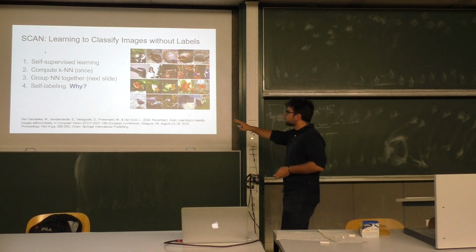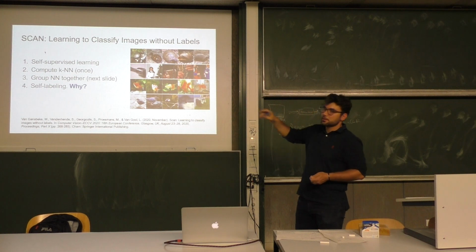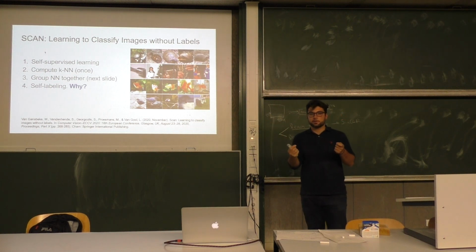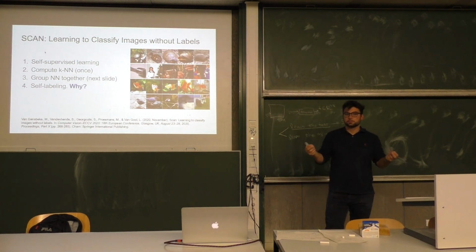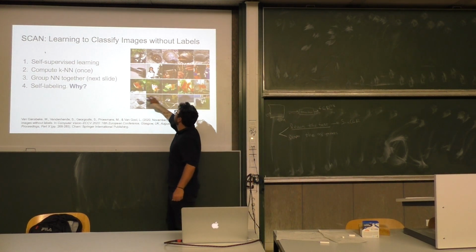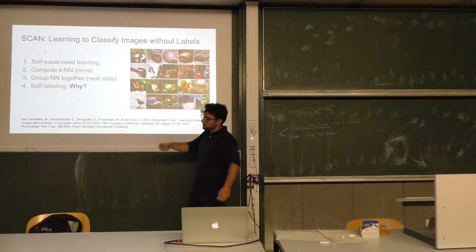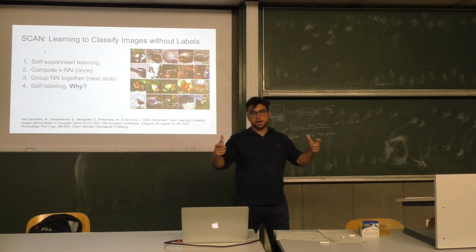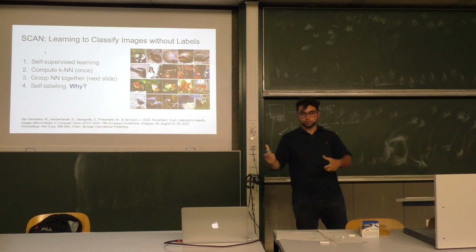The problem is that these nearest neighbors, if we consider them as pairs, may be noisy. Here you see, for example, the reference image in the first column and its 4 nearest neighbors, but in practice it's not always like that.